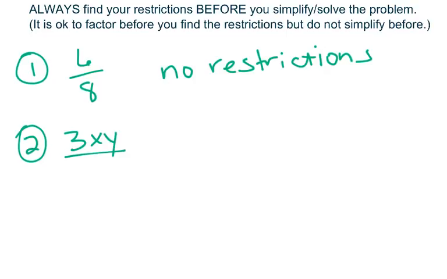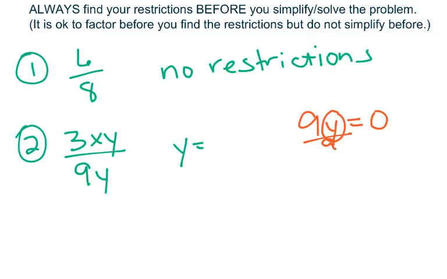3xy over 9y. Okay, what variable do I have in my denominator? I have a y. Okay, so I am going to come over here and set my denominator equal to 0. I want to solve for y.